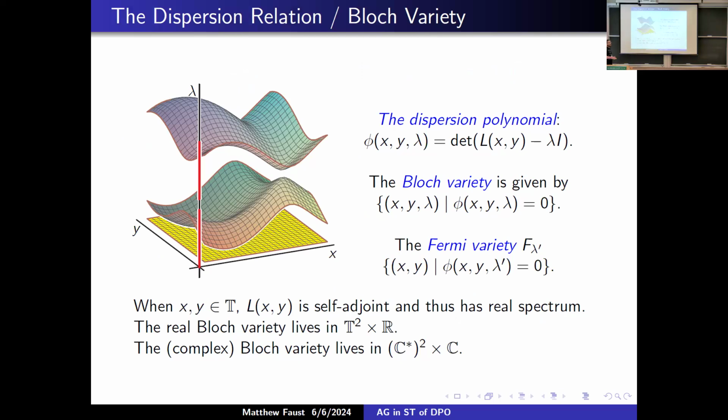This is just the Bloch variety at a fixed lambda value, but vanishing in T2. As mentioned before, this is a Hermitian matrix. This has real spectrum. So we can realize the Bloch variety, if we restrict to T2, as living in T2 cross R.